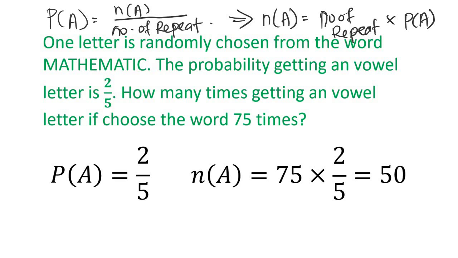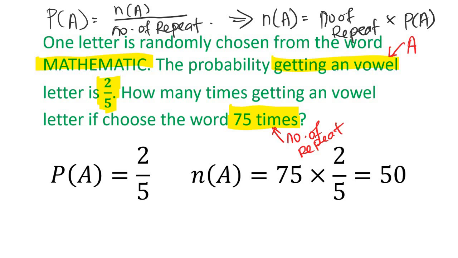The question says a letter is chosen from the word mathematics, and getting a vowel is your event A. The probability given is 2/5. The action is repeated 75 times, so 75 is your number of repeats, and 2/5 is the probability of A.